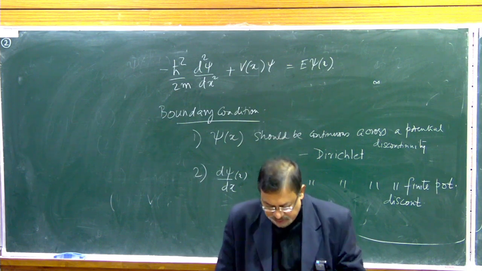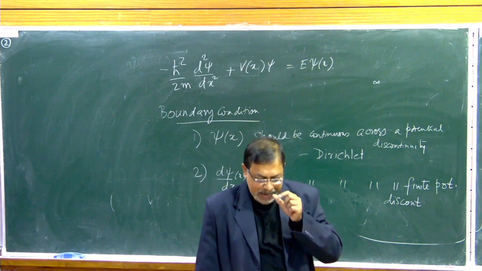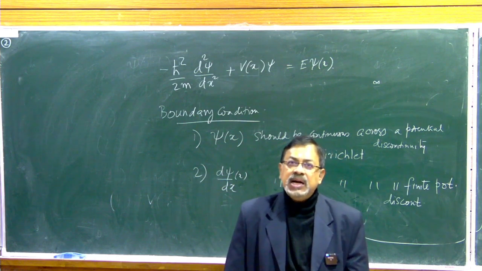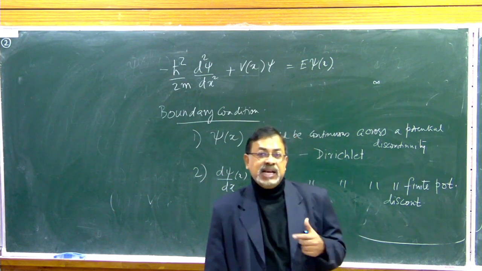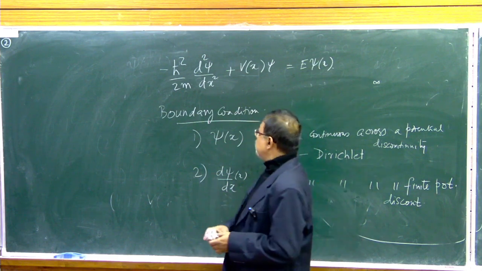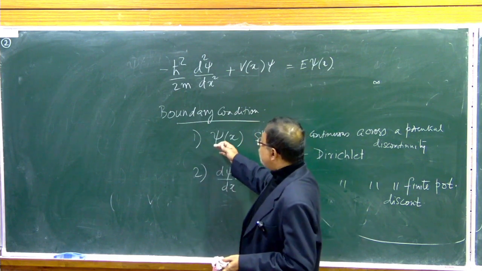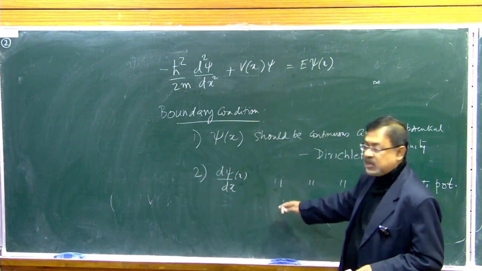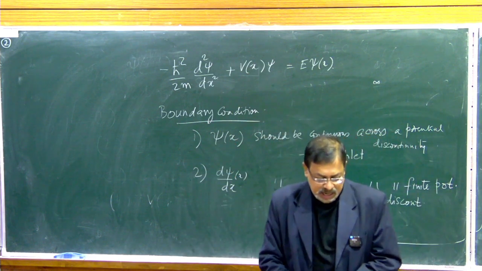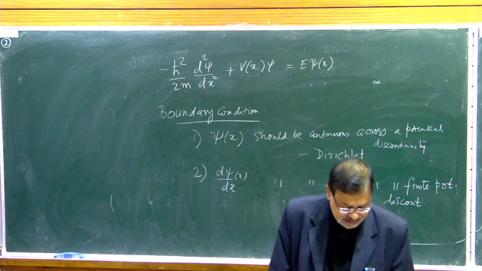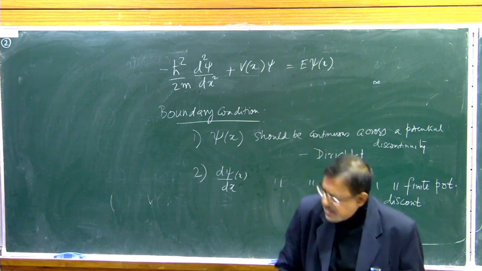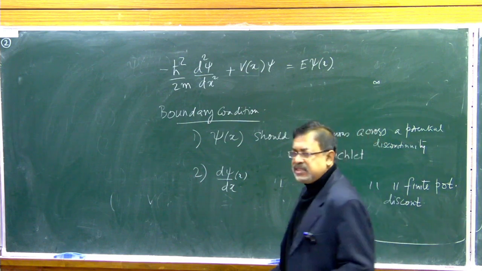Because it's a second order equation, you need to fix it with two boundary conditions, that is, psi must be continuous and d psi dx must also be continuous.